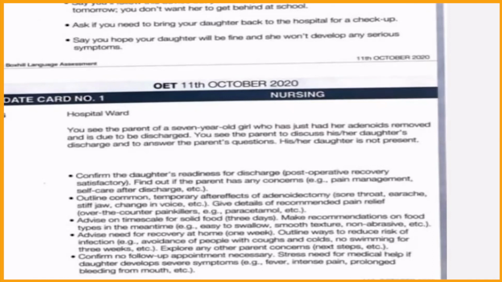I repeat, well, I'm sorry. She's advised 1 week of rest at home for complete recovery. Coming to the next task, I shall also explain some ways how to reduce her risk of infection.